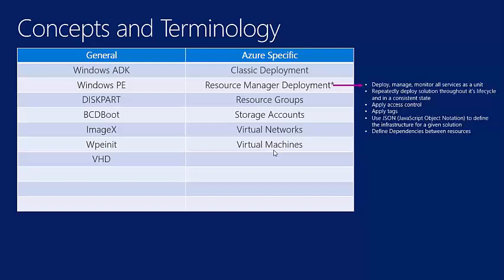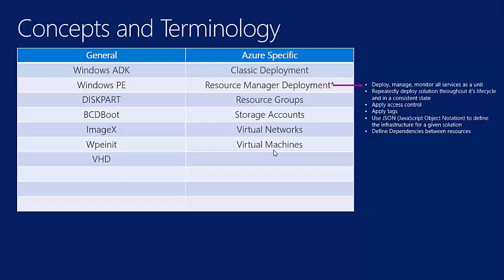Windows PE is an environment that provides some default settings, but you can add additional components to customize it as needed to support the specific needs of your environment, right? DiskPart is a tool to help you manage the configuration of disks. That includes partitioning, formatting, mounting the disk, etc., right? BCDboot, a tool used to help create or repair your boot image files, right?